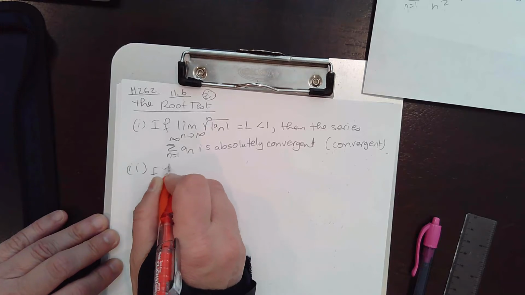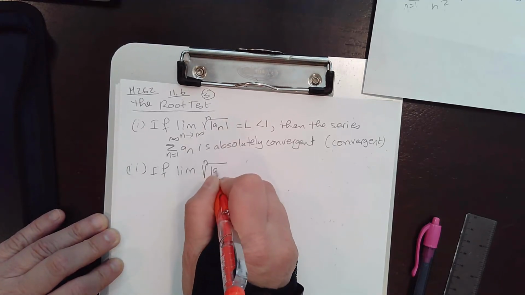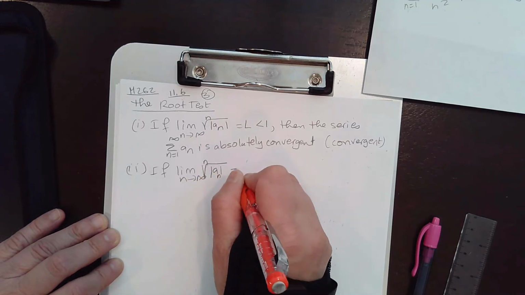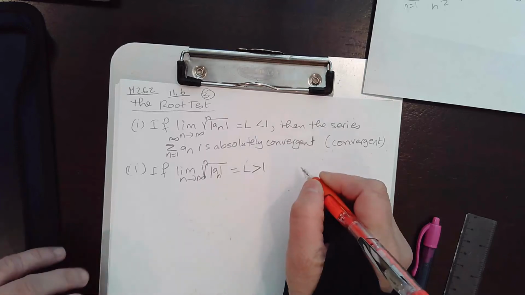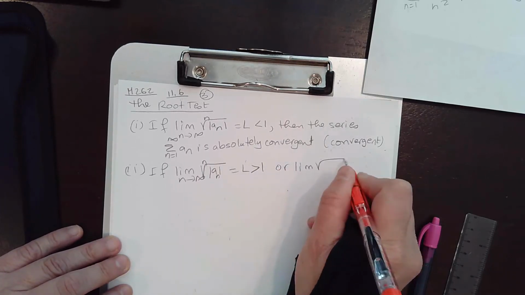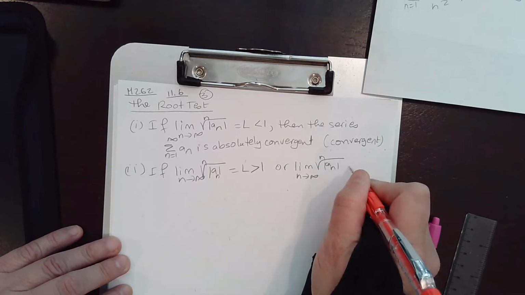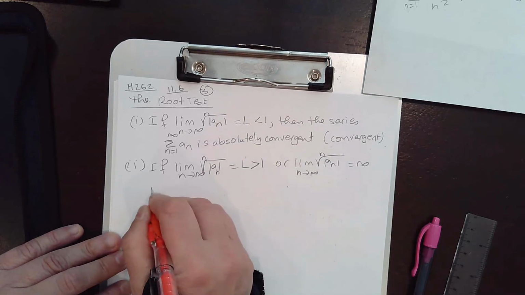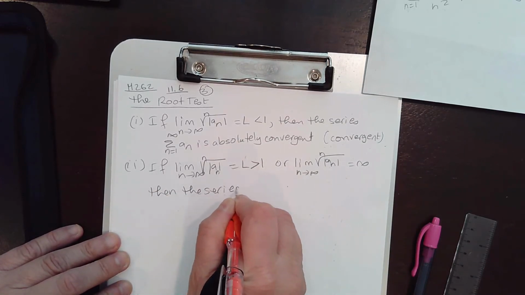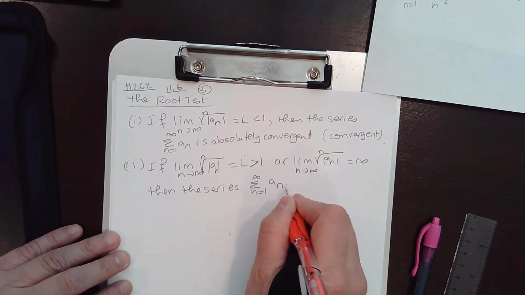Now, if the limit is equal to L, which is greater than 1, or the limit of the nth root of the absolute value of an as n approaches infinity is equal to infinity, then the series is divergent.